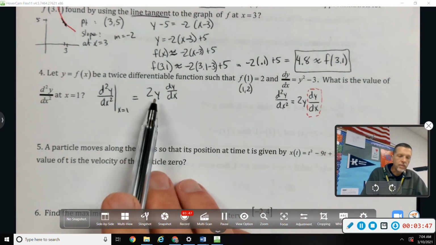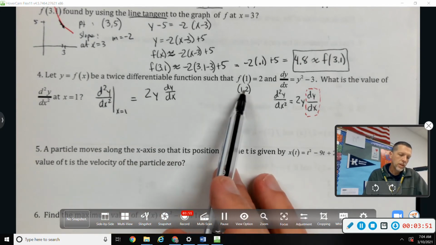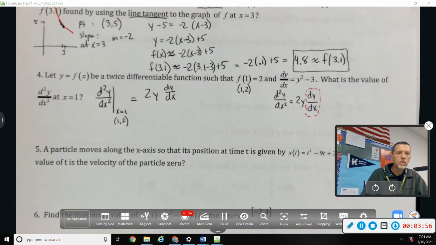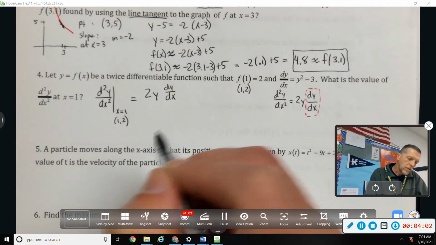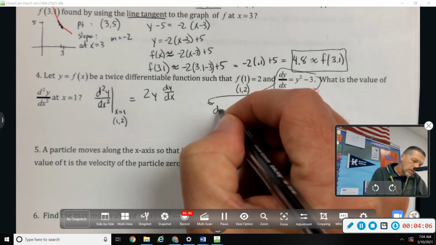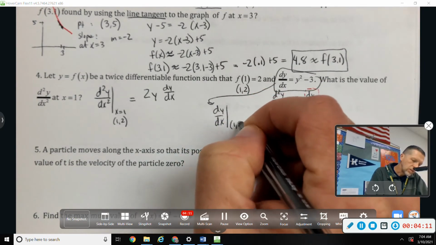Okay, so I've got more work to do because I don't know what y is, except that they told me that when x is 1, y is 2. So maybe I could rewrite this as 1, 2. So that'll tell me what y is. I also need to know dy dx, but I have an expression for dy dx. So dy dx at 1, 2.